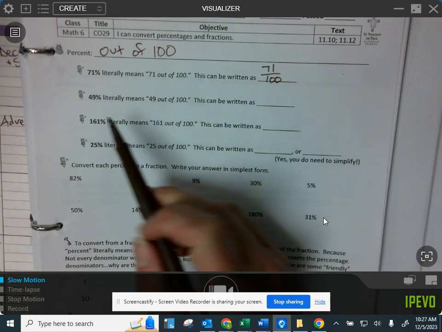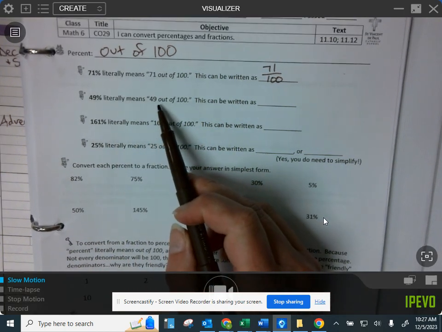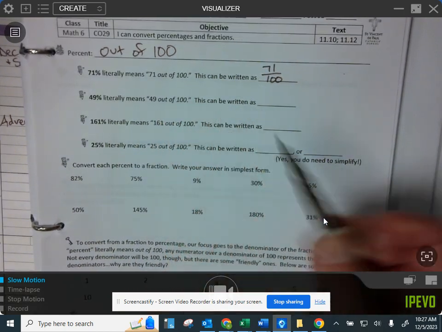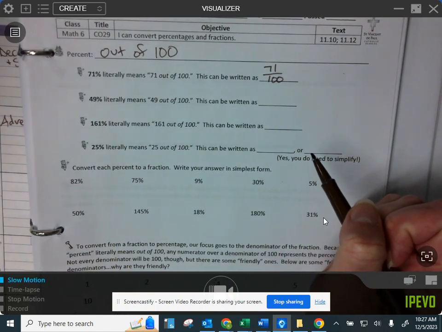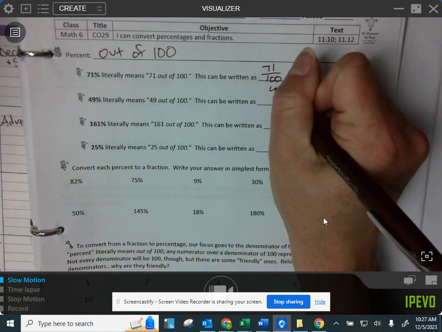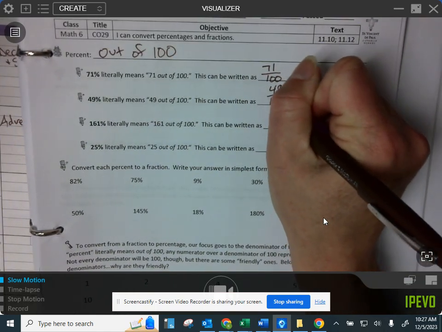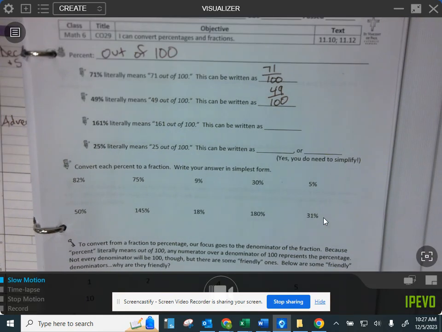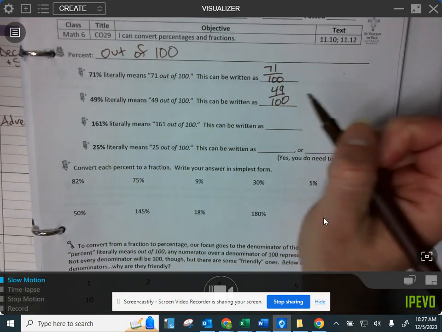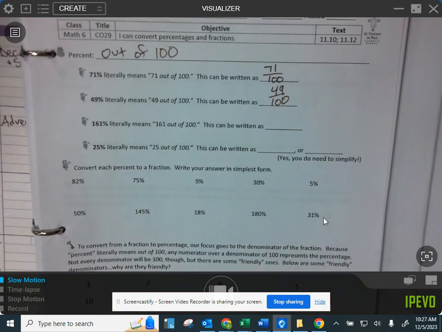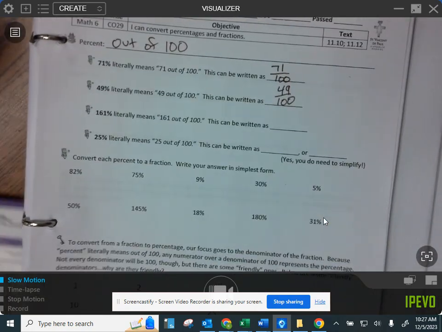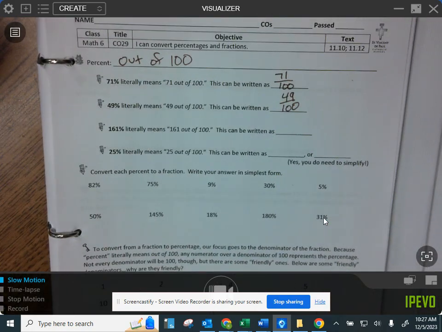So 49% literally means 49 out of 100. How can that be written? Liam? 49 over 100. So 161% literally means 161 out of 100.